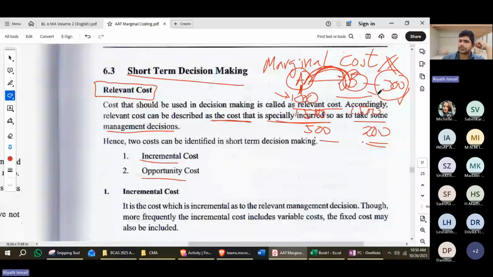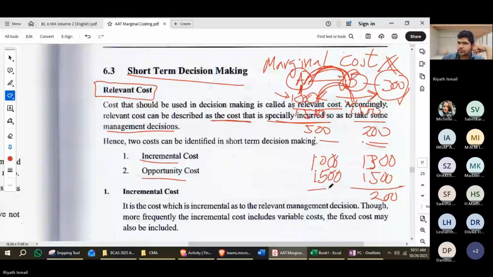The 1,000 already incurred: relevant or not relevant? To move from A to B, is this 1,000 relevant or not? Here the relevant cost, how much? Only 300.